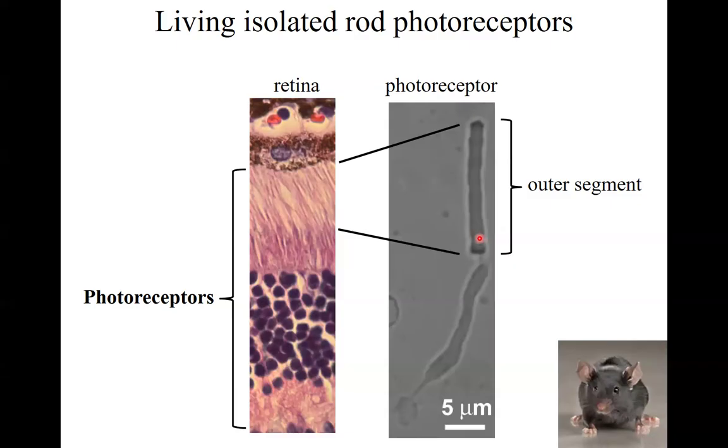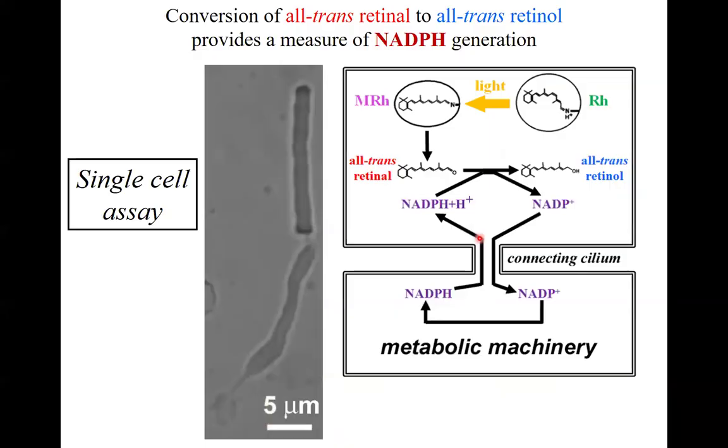So, as I said, we will be using fluorescence imaging, and the way the assay works is based on the reactions that take place in the outer segment. We'll start with dark adapted cells. We'll shine bright light, isomerize, and then all-trans retinal is released.